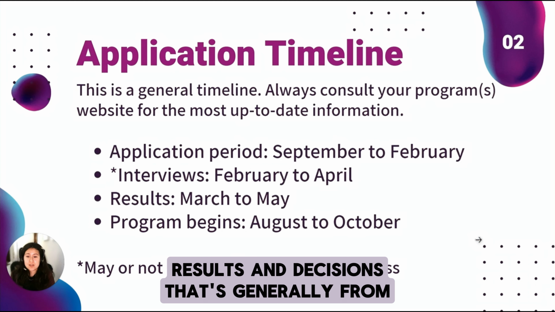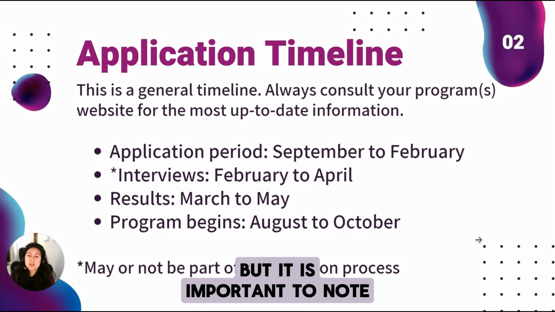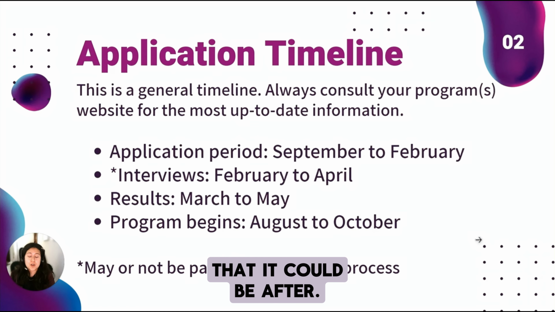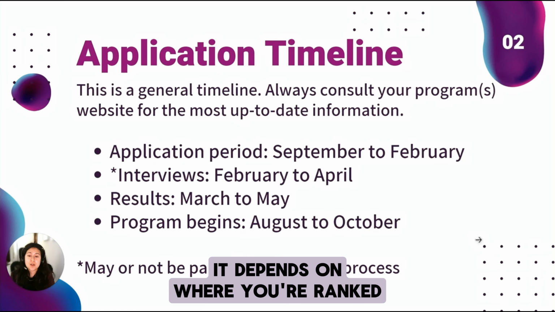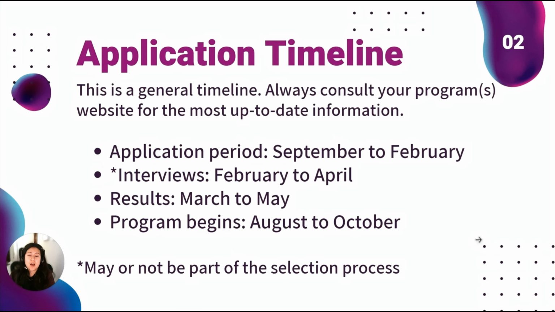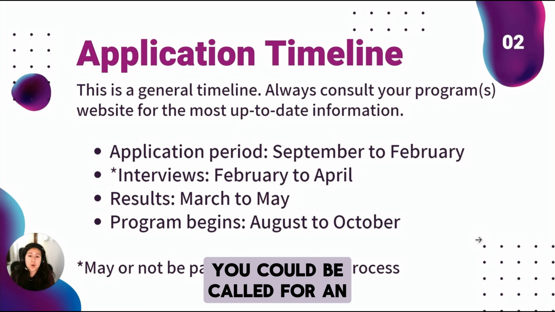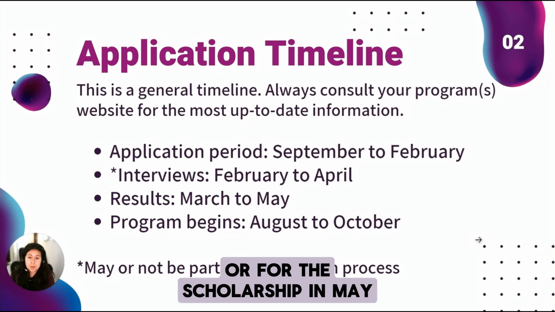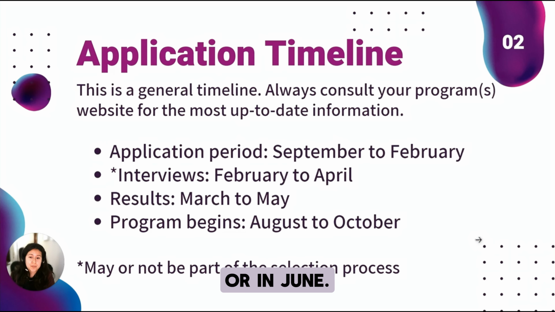Results and decisions are generally from March to May. But it is important to note that it could be after. It depends on where you're ranked in the list. For example, if you are waitlisted, you could be called for an acceptance or for the scholarship in May or in June.